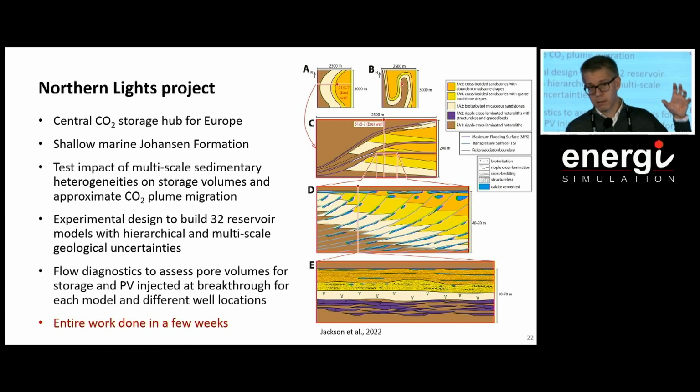Will Jackson, a master's student at Imperial College London, used RRM, experimental design with 32 different reservoir models over a few afternoons that look at all these hierarchical geological uncertainties, and then used flow diagnostics to look at the impact on pore volumes and where the CO2 plume could approximately go depending on which flow direction we have. As I said, the entire work was done in a few weeks. It would probably take a little bit longer with existing workflows.